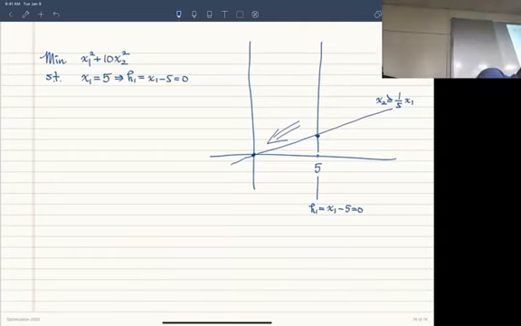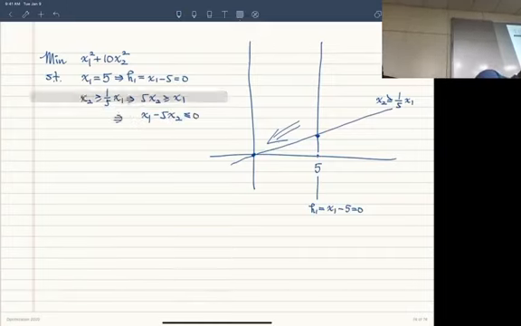So 5x2 larger than x1, and so x1 minus 5x2 smaller than 0.